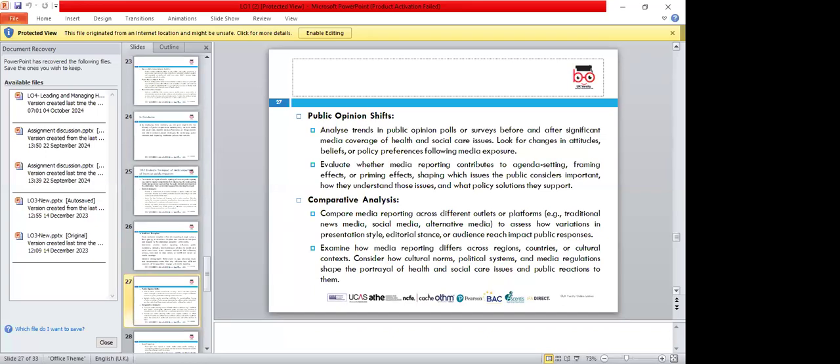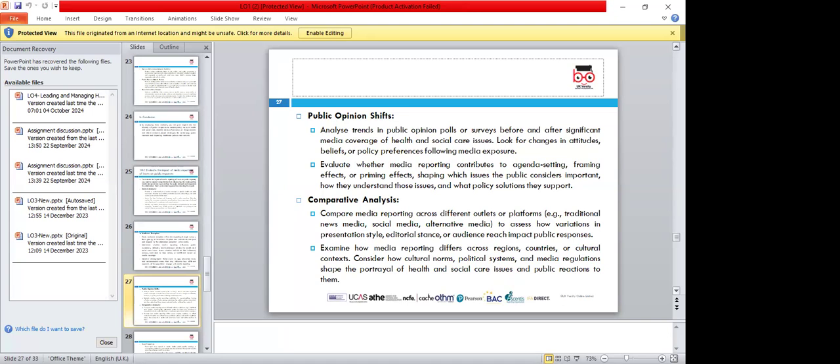For instance, if it is alleged in the public that a lot more younger people are being abused within the healthcare, and if you work in the children's department, you have to be more careful, isn't it? Exactly. Public opinion shift.